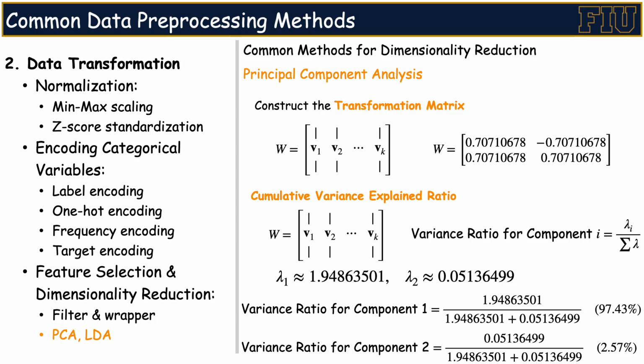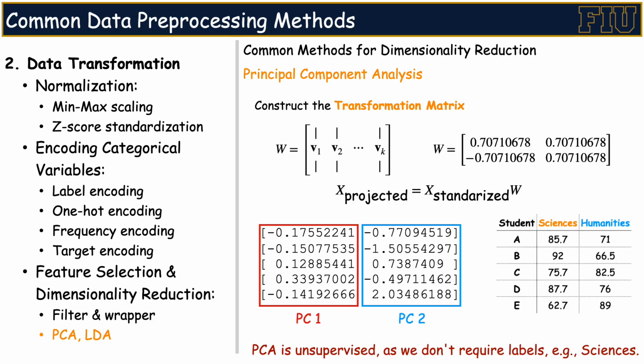It's important to note that we can't arbitrarily pick principal components, we always choose them in order from the largest variance to the smallest. Finally, let's take an overall look at the results of PCA. You can see that we only performed mathematical operations on the numerical values of the features throughout the process, without using any labels. In other words, PCA is an unsupervised technique because it doesn't require labels.